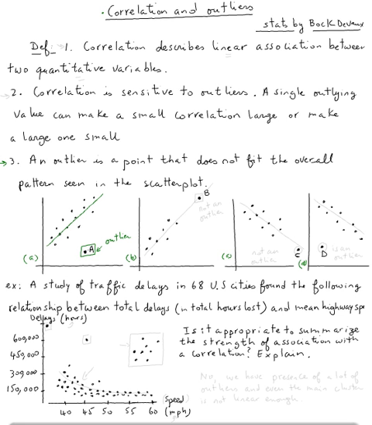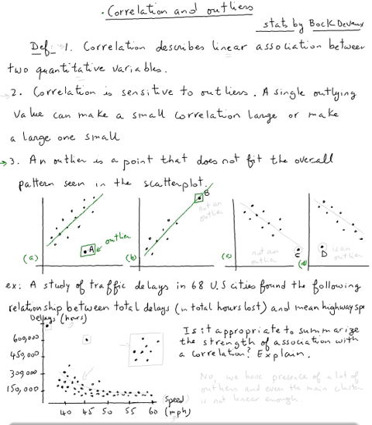What about the point B for scatter plot B? Is it an outlier? This is not an outlier, because if you draw the overall pattern line, the point B fits the pattern.